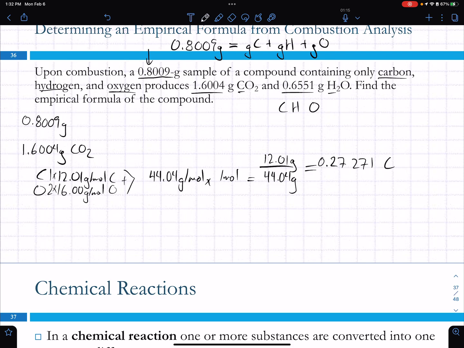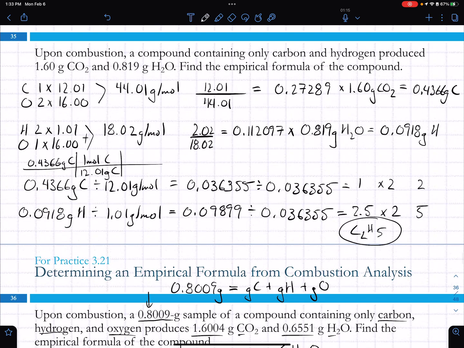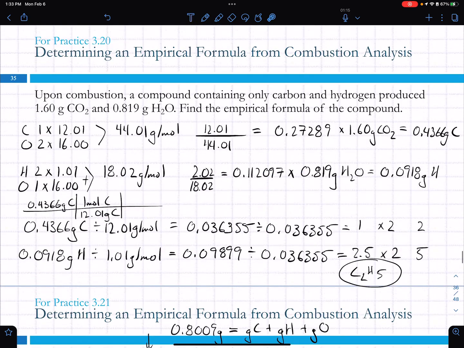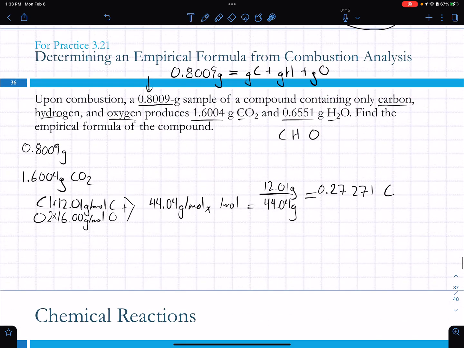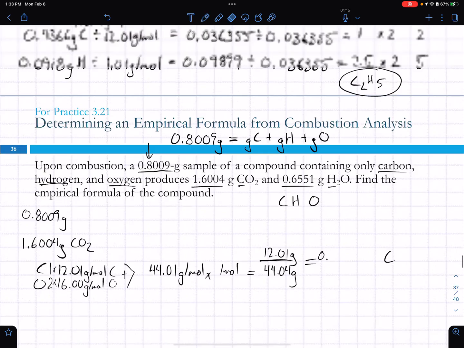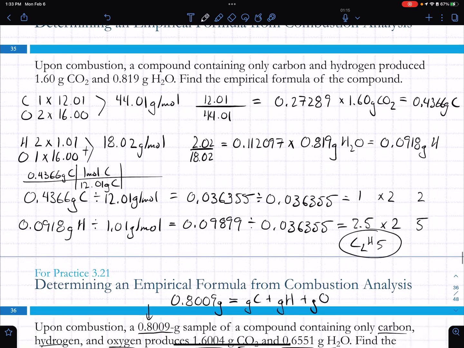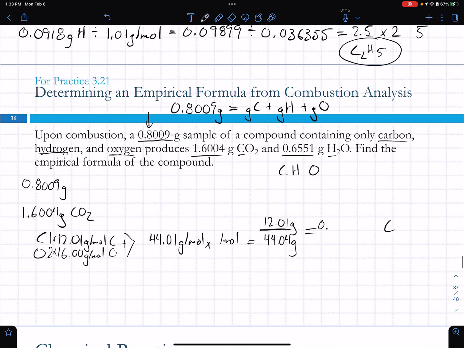And actually, I'm going to do this for water too, and just borrow some of this information from up top. So for carbon dioxide, we'd already calculated that. Oh, sorry, this is not 44.04. This is 44.01. So this would come out to whatever number we got up top, 0.27289.